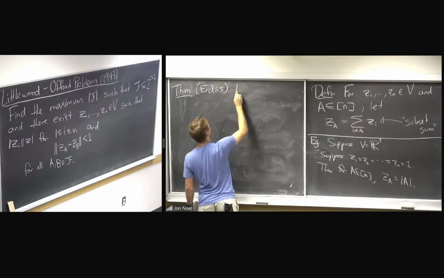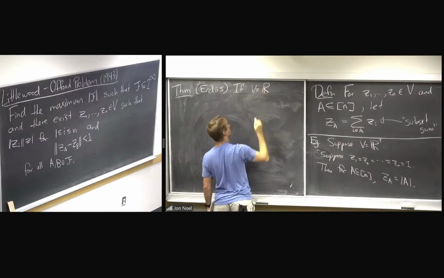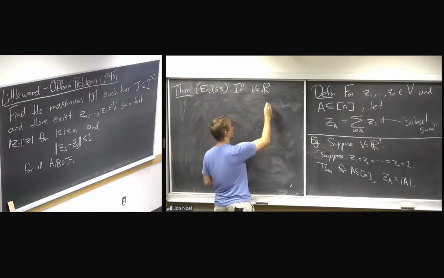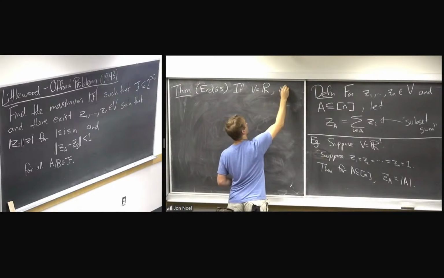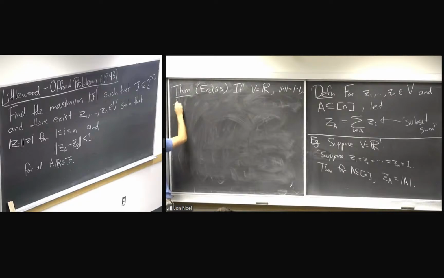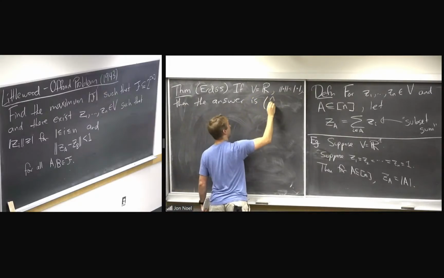So if V is just the reals, and of course the norm is then just the absolute value function, then the answer is n choose n over 2.